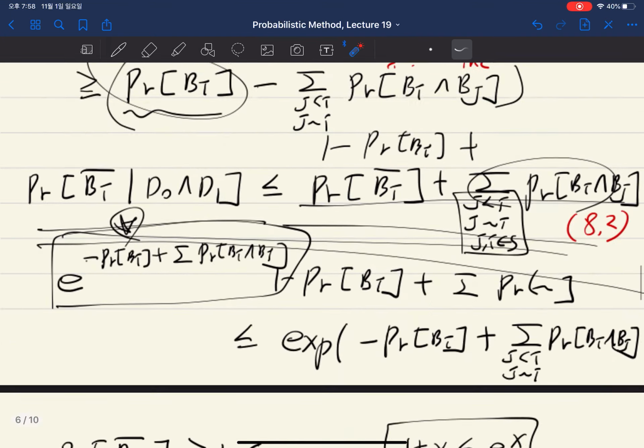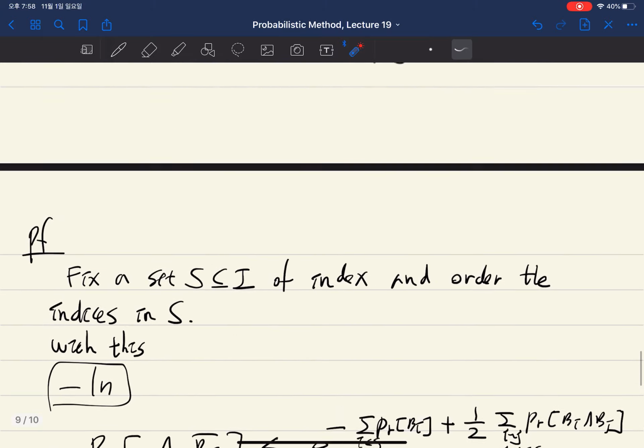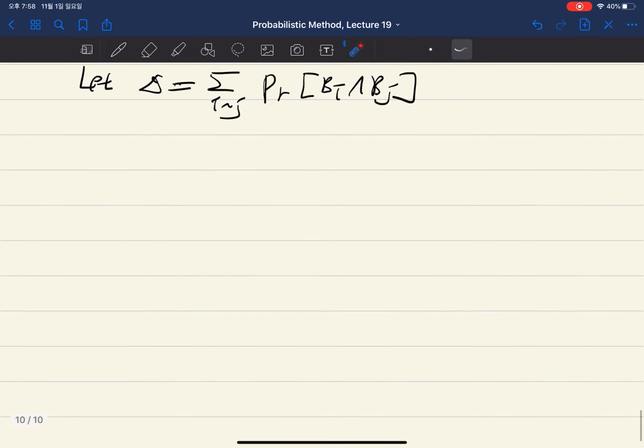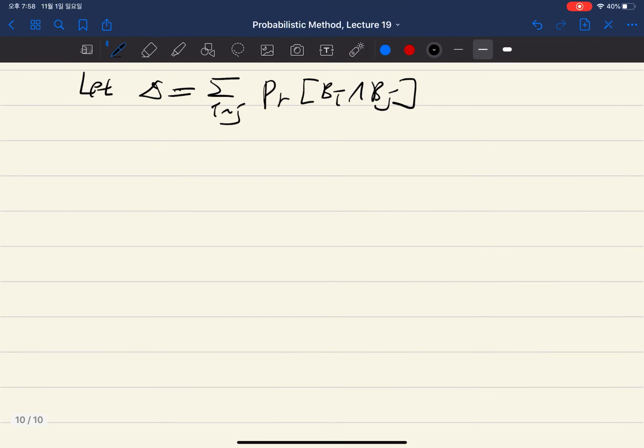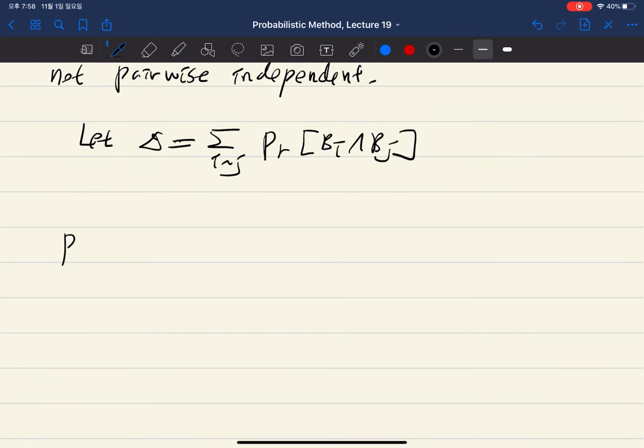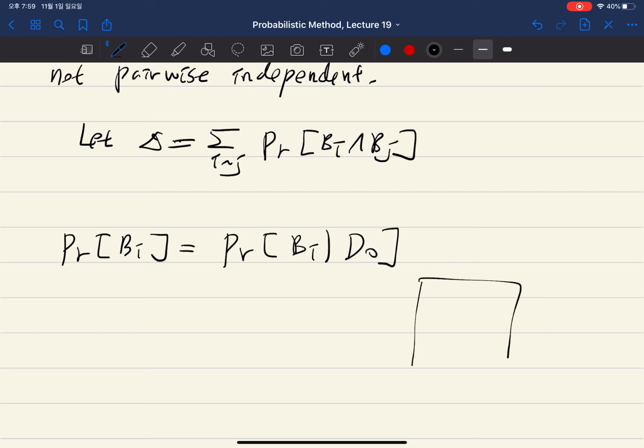We don't know that. So we have to actually check that the probability of B_i is the same as the probability of B_i assuming this D_0. Because as we mentioned before, pairwise independence and mutual independence are different.